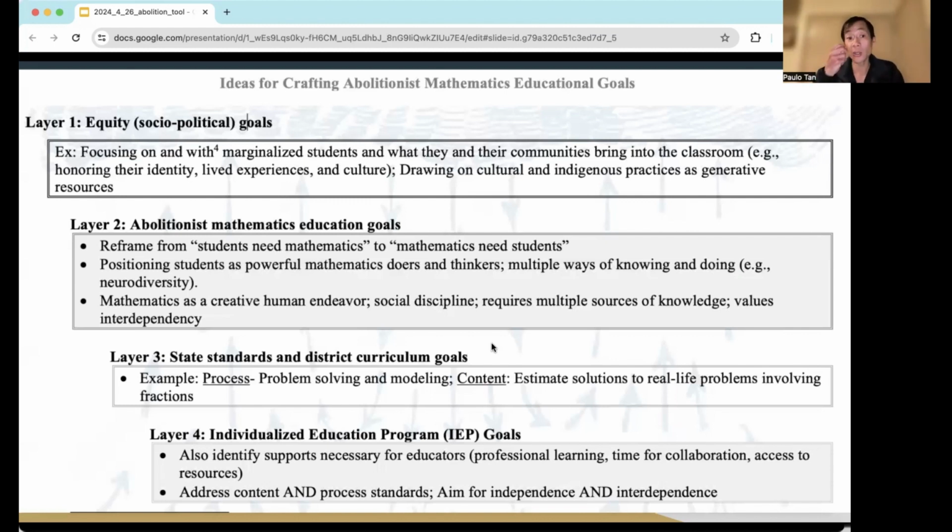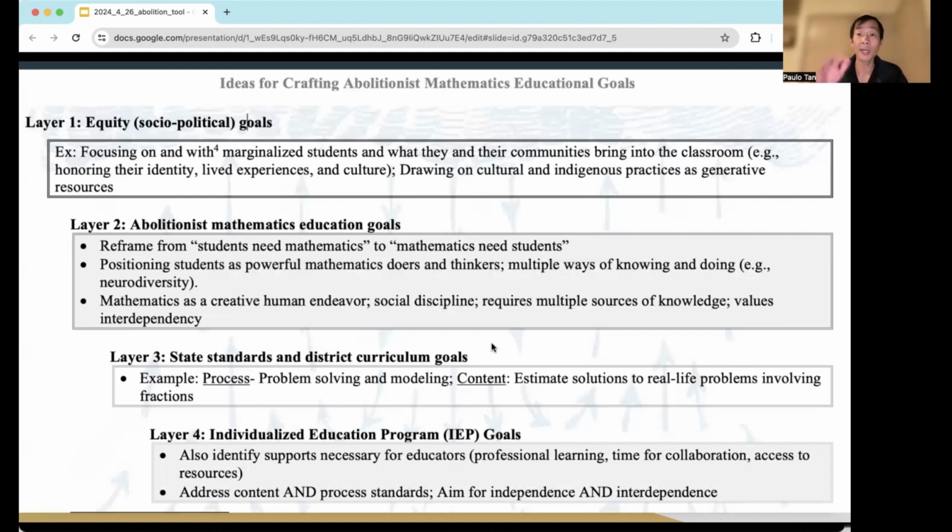And then we get into layer three, which is the state standards. For most teachers and most teacher educators, that's part and parcel with the work that you do, which is, okay, what are the state standards that we have to ensure it reaches. So this is not until layer three.